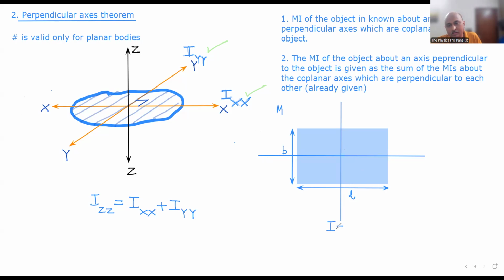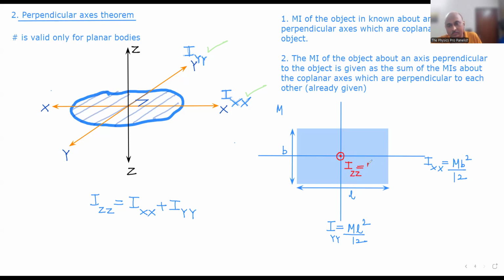इसके अबाउट क्या हो जाएगा? Let's say this is Iyy. This will be ML square by 12. This is Ixx. This is MB square by 12. I hope all of you understood this. This is Izz.